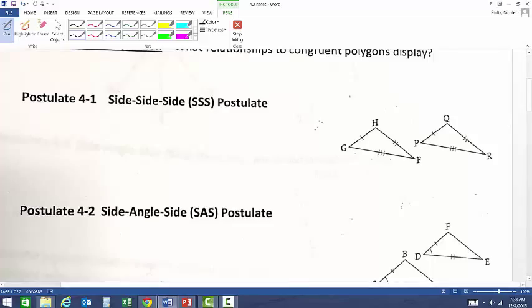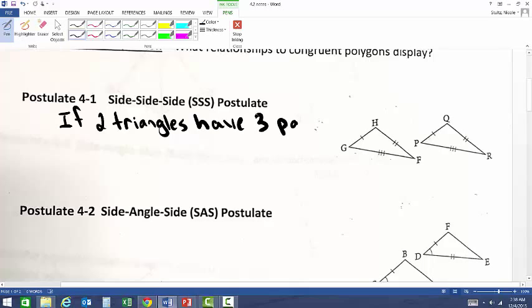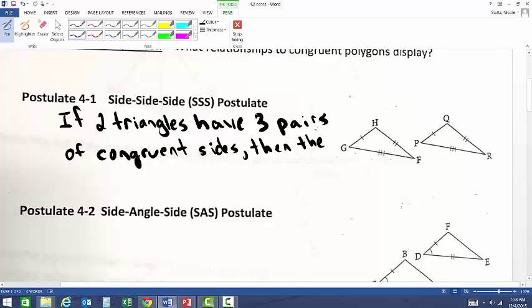And what it says is 2 triangles have 3 pairs of congruent sides, and the triangles are congruent.